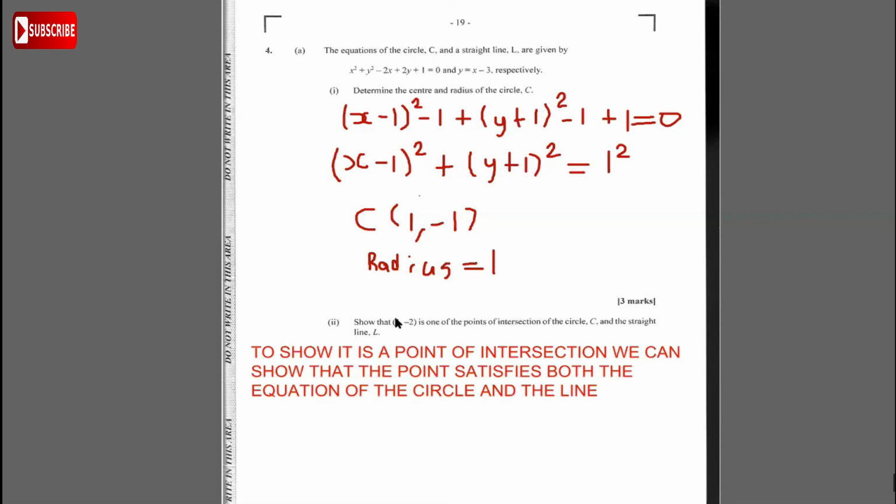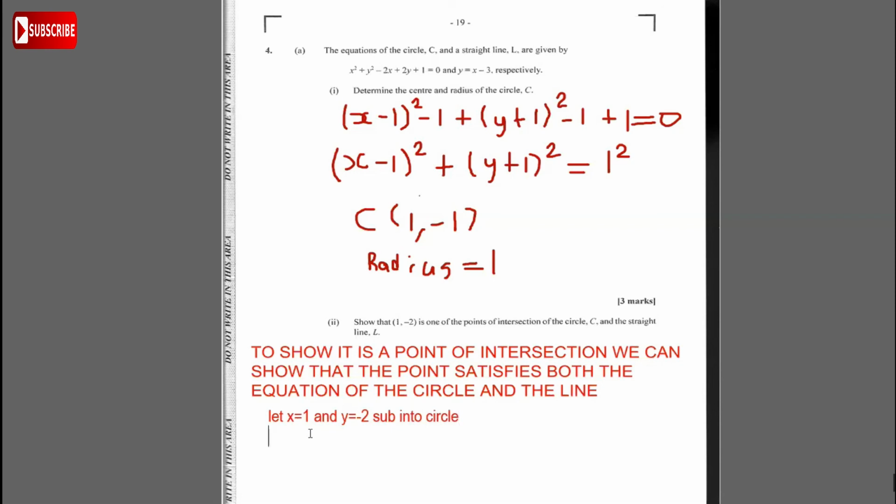So that means this point has x equal to 1 and y equal to minus 2. Let x equal 1 and y equal to negative 2, and we're going to sub into the circle.